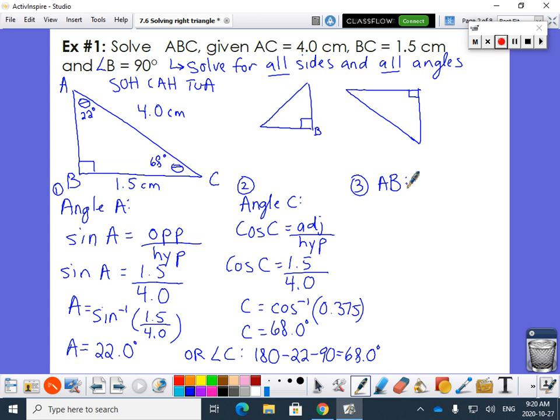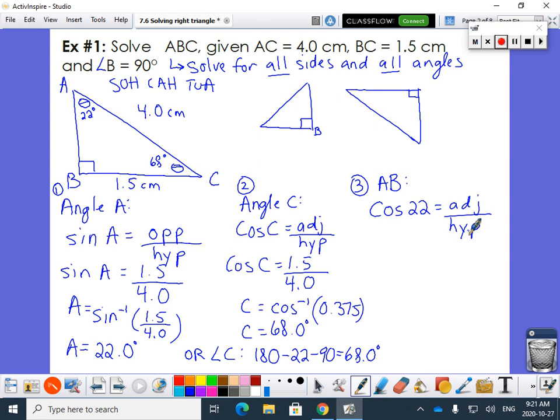Yes? Okay. So the way I did it was using cosine. Let me get this down and I'll show you. The way I chose to do it was I'm looking at angle A, so I have 22 as theta.